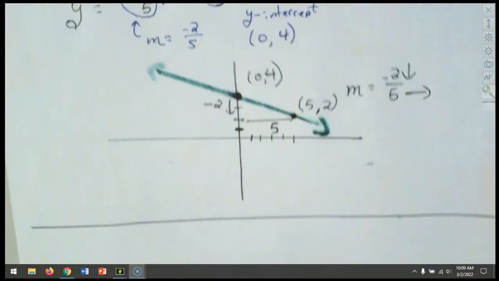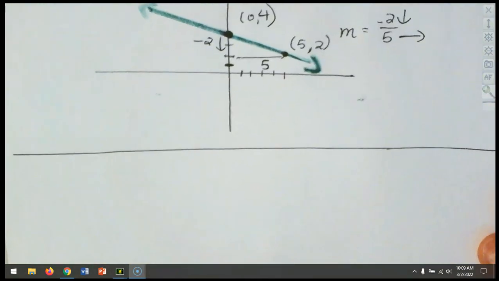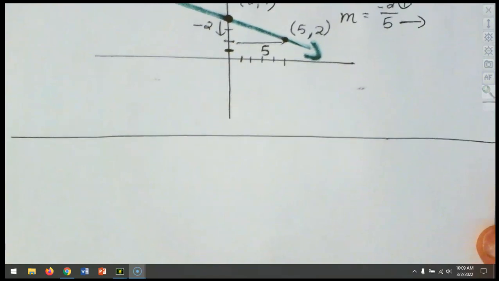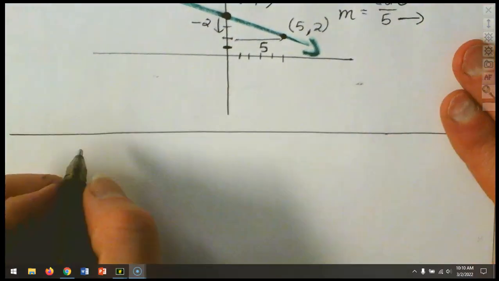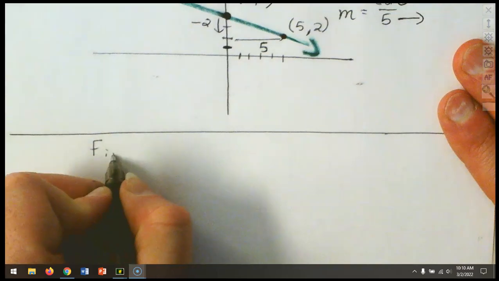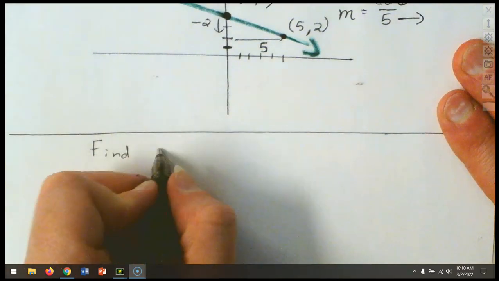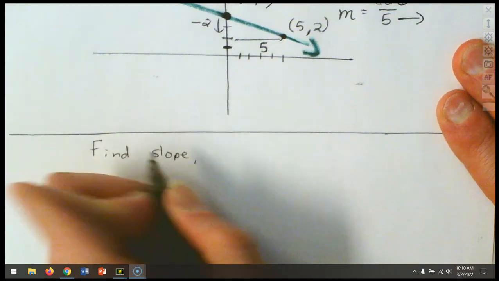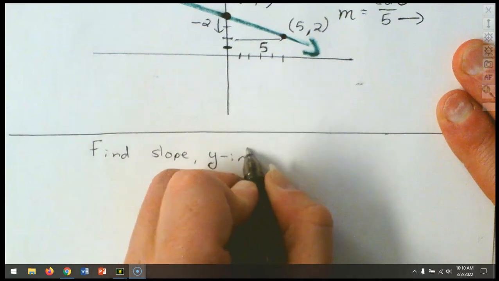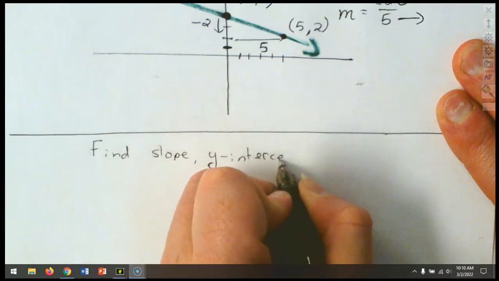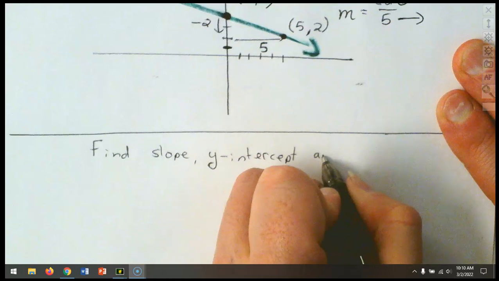The next one is not going to be solved for y, so we're going to have to solve it for y. Same procedure: find the slope, y-intercept, and graph this.